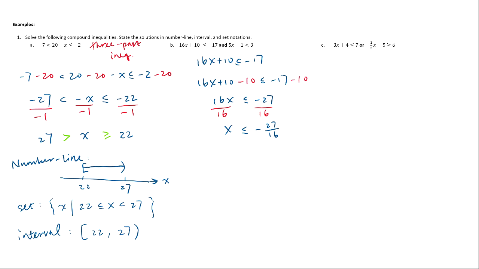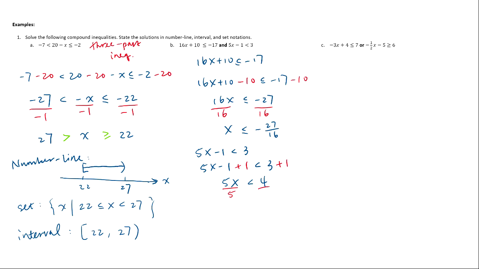Now for the other inequality, we have 5x minus 1 is less than 3. Same thing as before, we can go ahead and add 1 on both sides to get 5x by itself. And with a cancellation, we're left with 5x on the left, less than 4.